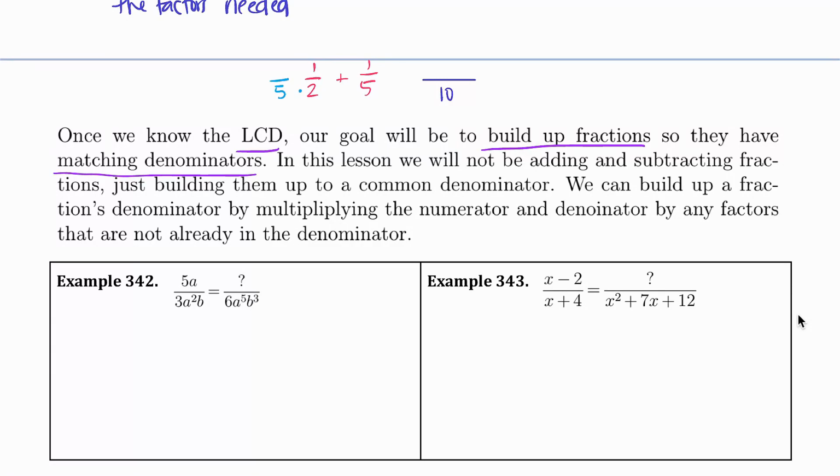Well, we multiplied it by 5, so we do the same thing on the top and bottom. So we have 5 over 10. For this next one, we multiplied it by 2, so we do that on the top and bottom. So plus 2 over 10. So now we do have common denominators. Now we can add these if we wanted to.